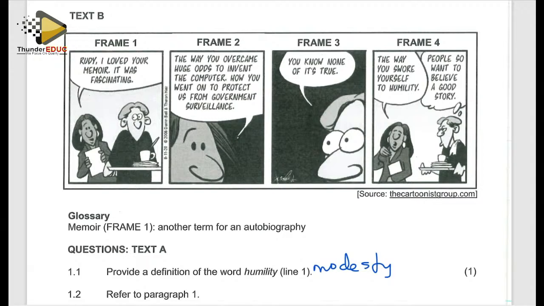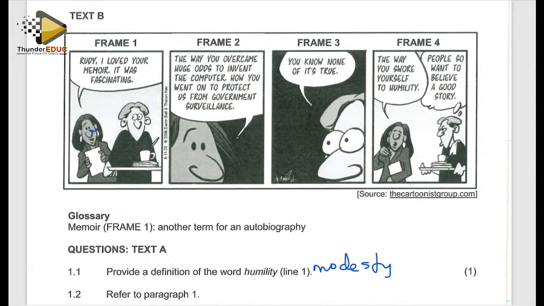All right, so it says discuss her attitude towards Rudy. Oh, we are looking at this one. Frame 1, frame 4. Okay, now I understood the question.